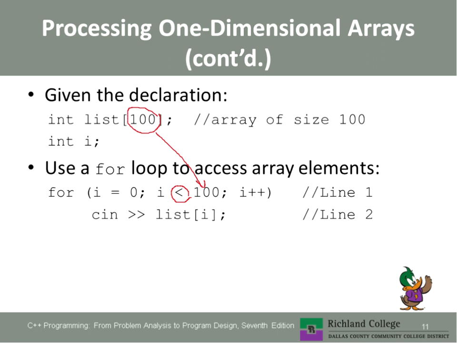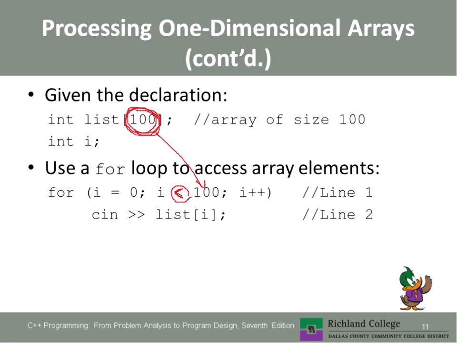So always use the actual size of the array, the actual number that you want to store, and then use the less than sign as a good programming practice. That way, as we read somebody else's code, we can see it's still referring to the size that we are processing. It's just less confusing that way.